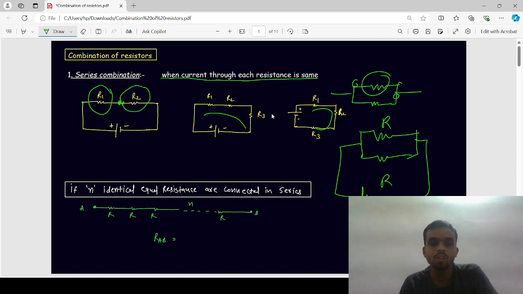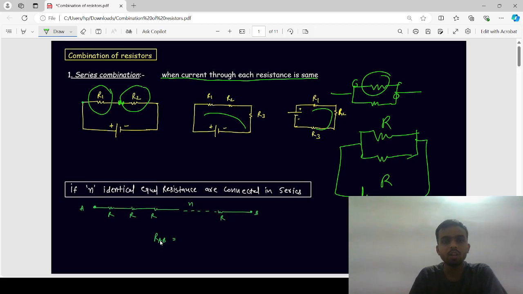The second question is that we have learned till now Kirchhoff's loop law and Kirchhoff's junction law. So we can use Kirchhoff's loop law over here. According to Kirchhoff's loop law, the sum of potential differences across the entire loop will be equal to zero, right?